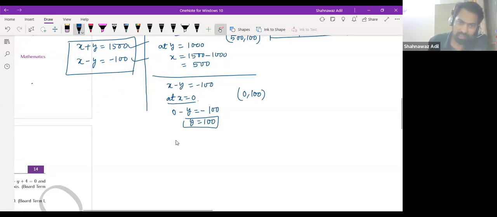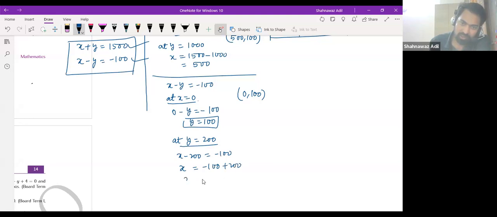Okay, and we can take Y equal to 0, or we can take Y equal to, let's say, 200. So at Y equal to 200, this is X minus 200 equals minus 100. So then X equals minus 100 plus 200.